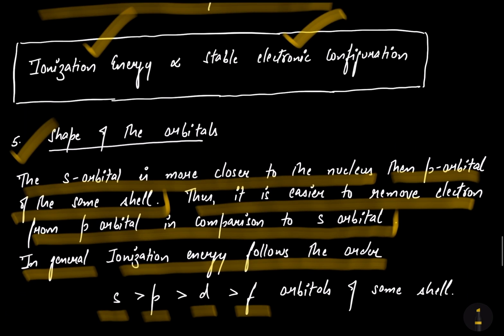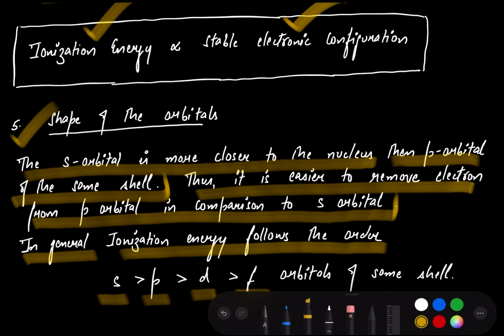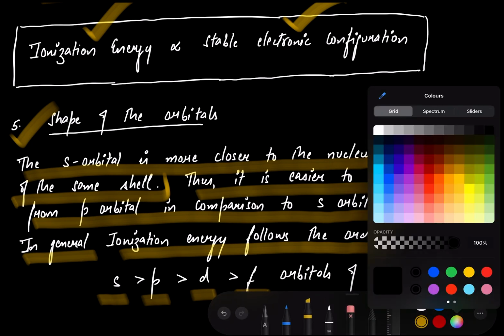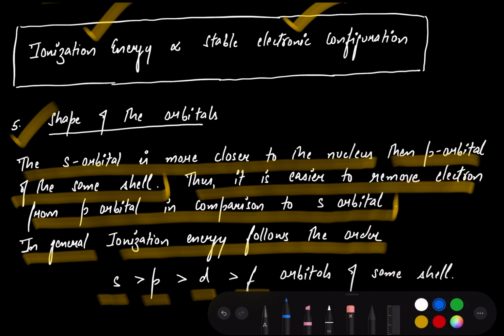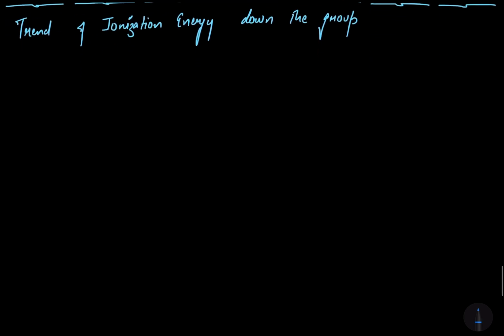Now let's discuss the trends of ionization energy in a group and a period. Now, the trend of ionization energy down the group. Let me take an example.